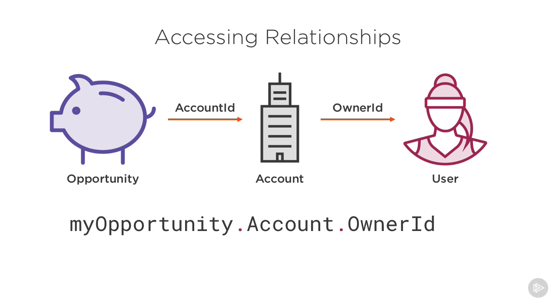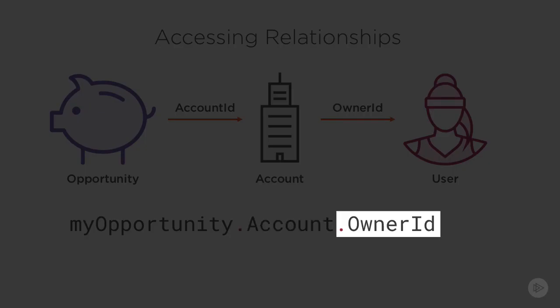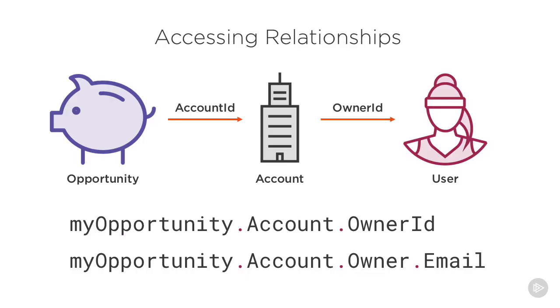So in the same line of code, we're using dot notation for two of its functions, accessing relationships and accessing fields. Let's take this a step further, this time grabbing a field from one more relationship away. We can pull fields from records that are multiple steps away from our opportunity. In fact, we can keep chaining dot notation as long as we like to pull things from really far away.